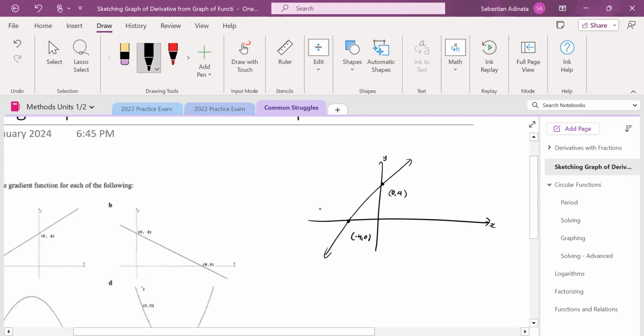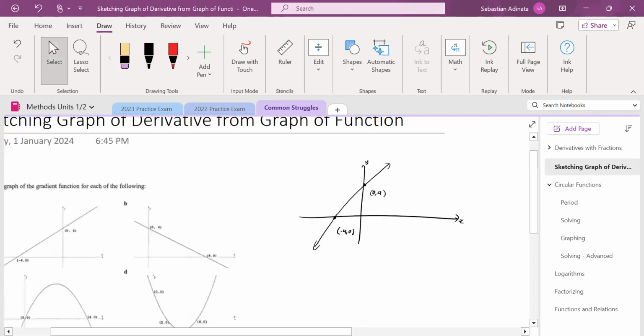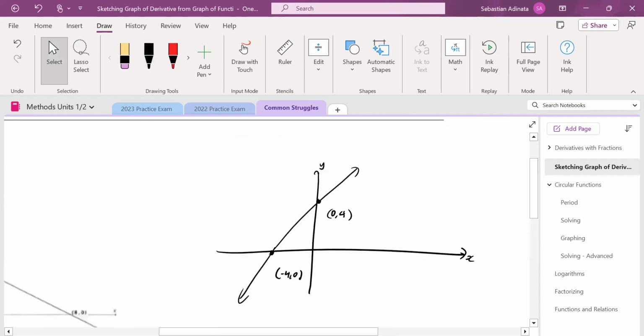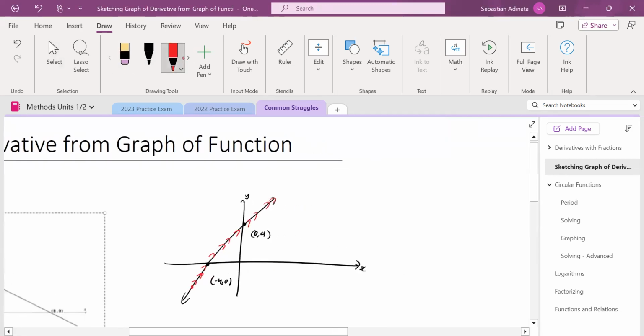The way we can draw the derivative is we have to know what the slope is or what the gradient is. So the way we check is go from left to right and see if the graph is increasing or not. Clearly, this graph is always getting bigger. So we know that it's increasing.